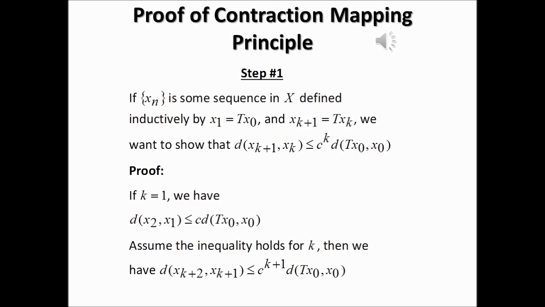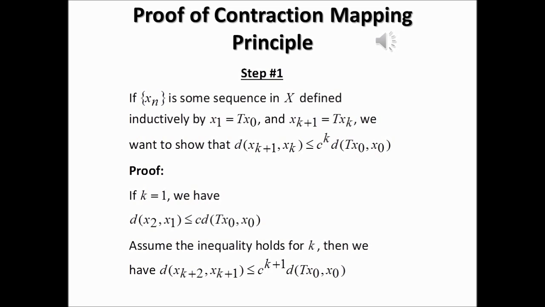But remember, because the mapping T is a contraction, the ordinary distance between T of x_1 and T of x_0 is less than or equal to c times the ordinary distance between x_1 and x_0. And x_1 is equal to T of x_0, so c times the ordinary distance between x_1 and x_0 is equal to c times the ordinary distance between T of x_0 and x_0.